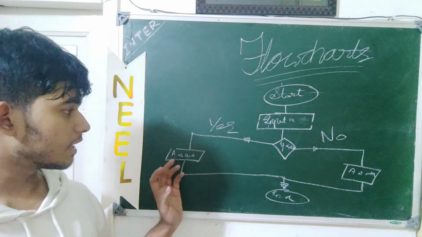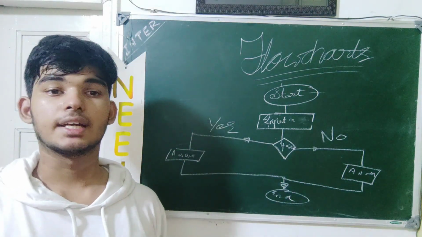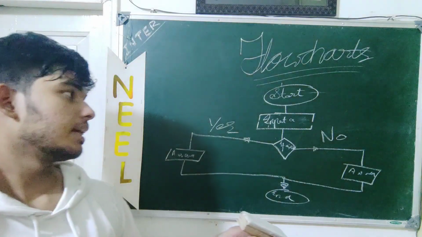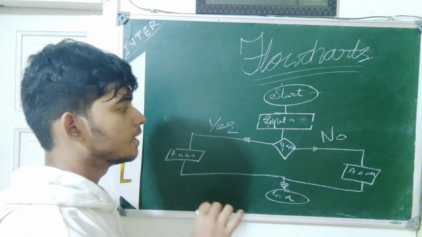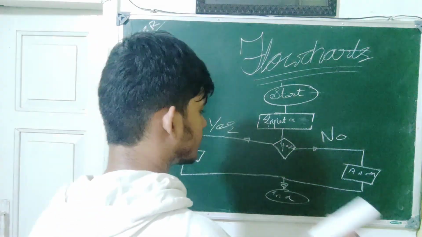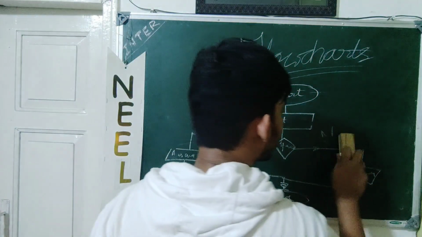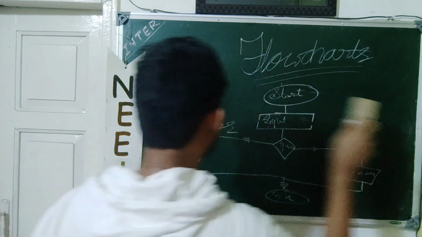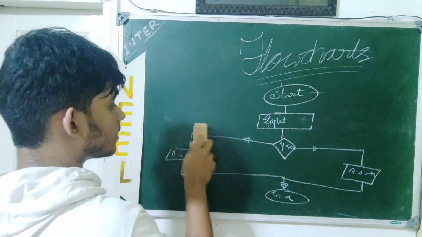So now let us take the same concept of flowchart and let us write a flowchart for something else. Let us write a flowchart for how to tell if a number is greater.